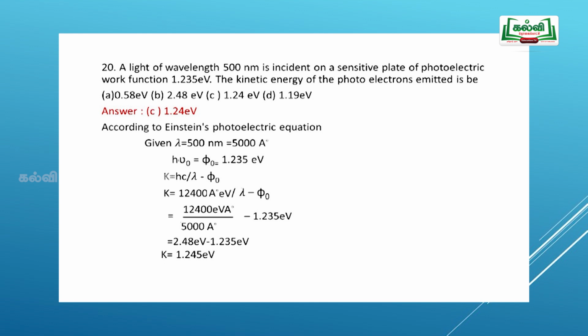So 12,400 eV Armstrong by 5,000 Armstrong minus work function 1.235 eV. When you simplify this, it gives you 2.48 electron volt minus 1.235 eV, which is equal to 1.245 eV. When you subtract this, you will get this answer. The option C is the correct answer.